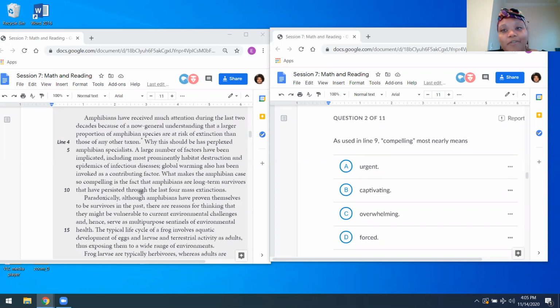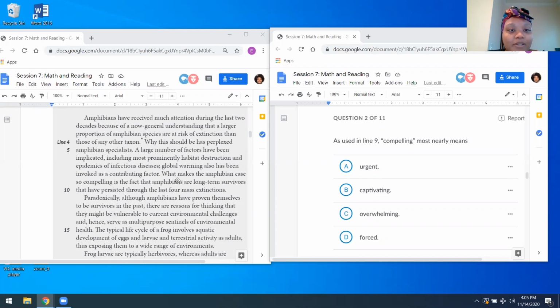I think you have to put this line 9 into the context of this entire paragraph. The entire paragraph is telling the story of this dire situation of these amphibians. The sentence before it says, large number of factors have been implicated, including most prominently habitat destruction and epidemics of infectious diseases. Global warming has also been invoked as a contributing factor.